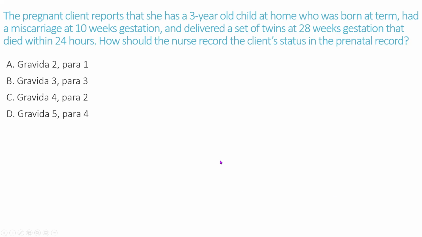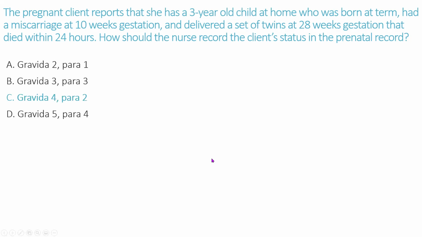I typed this out already to explain it. The client had a pregnancy total of 4 times, so gravida 4. Para is the number of pregnancies that have reached viability past 20 weeks. In this case, we have the 3-year-old and the set of twins that reached 20 weeks.